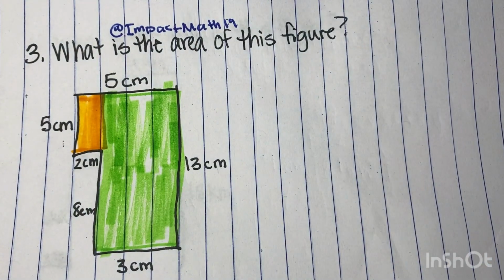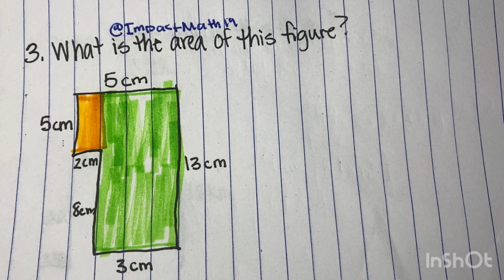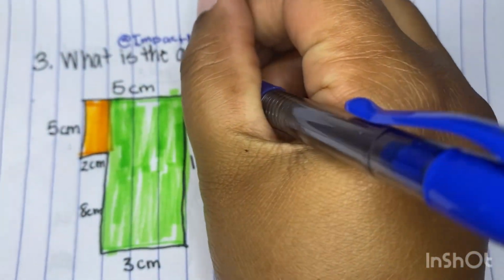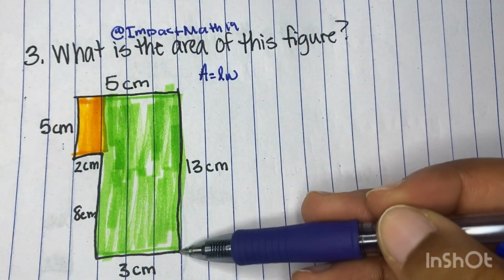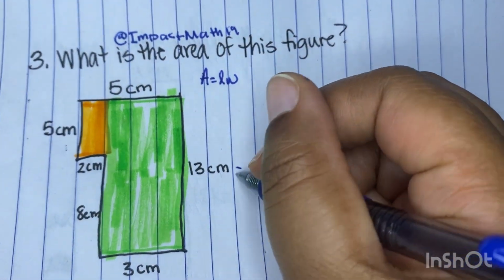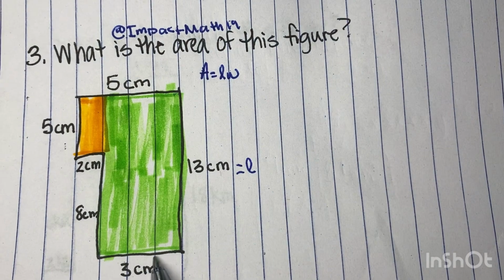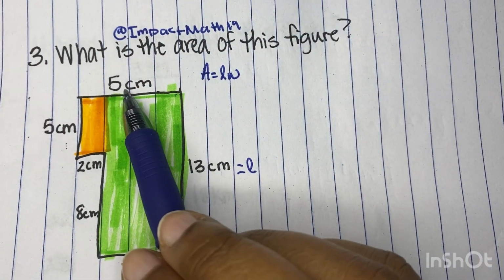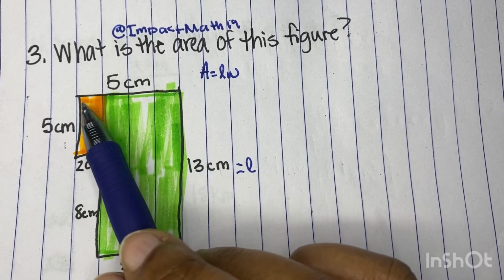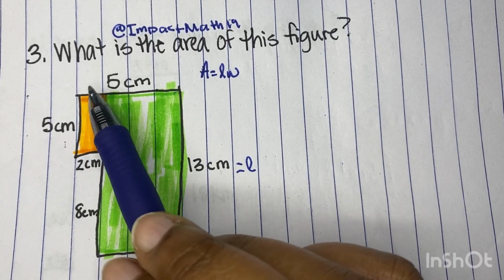So to find the area of my green rectangle, remember area formula is length times width. So my length for this green is going to be 13. And my width here is going to be 3. See, I can't use the 5 up here as my width because the 5 includes some of this orange here as well.